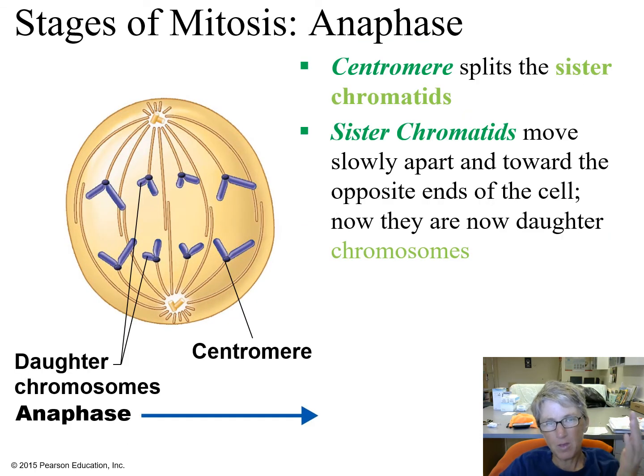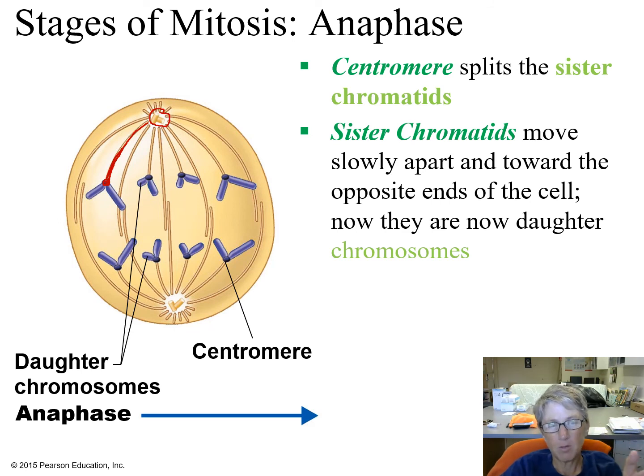And then the next phase or stage of mitosis is anaphase. And you can see that these microtubules, well, they're spindle fibers, but what they're made of is microtubules, are attached to these centromeres on the sister chromatids. And then these microtubules are linked up to the centrioles here.